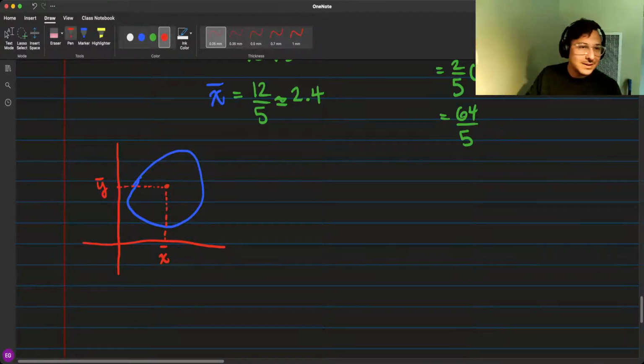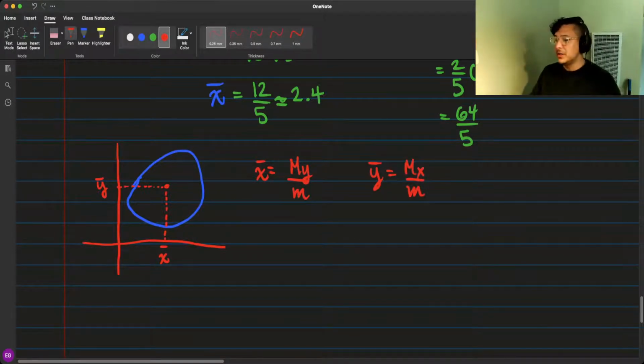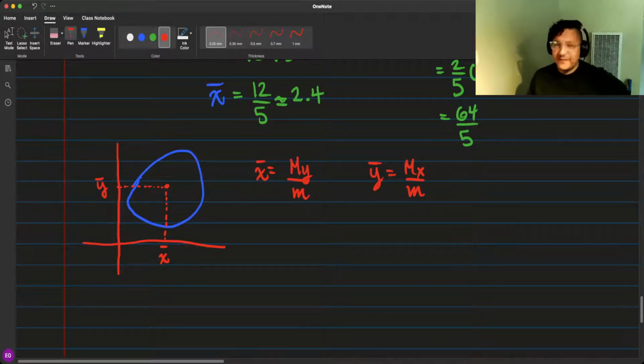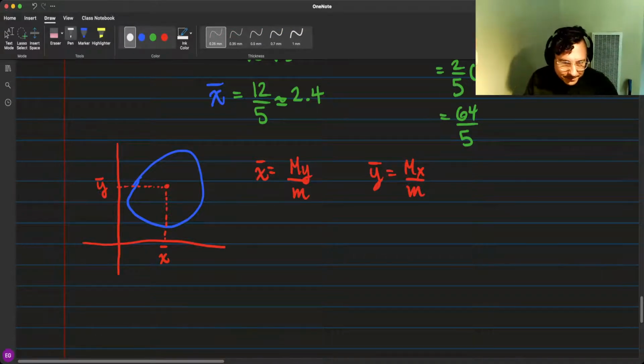Now, what are the formulas for that? The formula for x bar is equal to the y moment divided by the mass, and y bar is equal to the x moment divided by the mass. Now you might be wondering why the hell is that? It threw me off for a second too, so let me explain why that's the case.